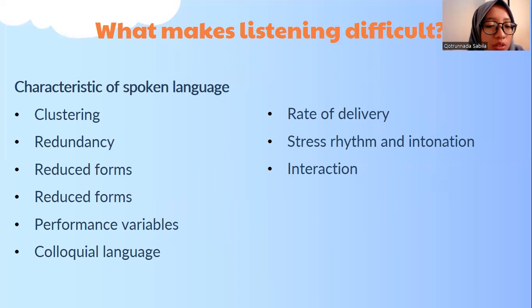And then reduced forms. While spoken language does indeed contain a good deal of redundancy, it also has many reduced forms and sentence fragments. And then performance variables. Native listeners are conditioned from a very young age to weed out such performance variables, whereas they can easily interfere with comprehension in second language learning. And then colloquial language.